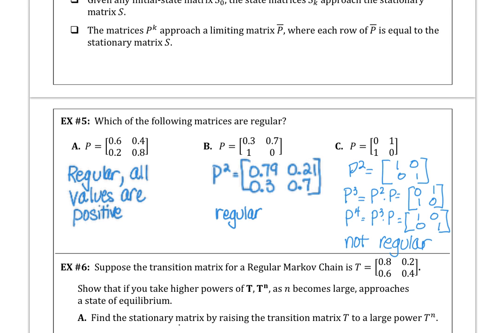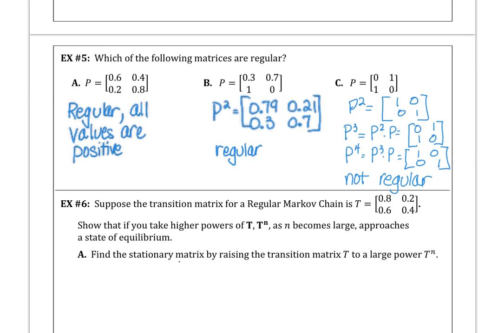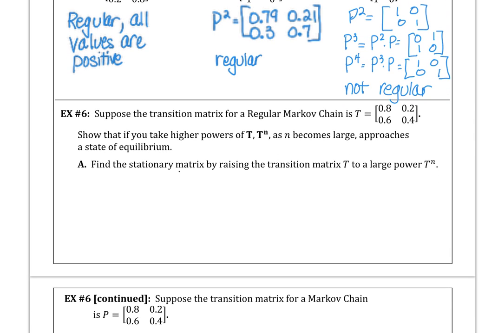Okay, for example 6, suppose the transition matrix for a regular Markov chain is given as T. Show that if you take higher powers of T, T to the n, as n becomes large, it approaches a state of equilibrium. Find the stationary matrix by raising the transition matrix T to a large power. I started out with T to the 20th power on my calculator.